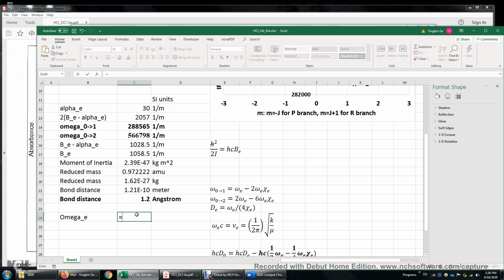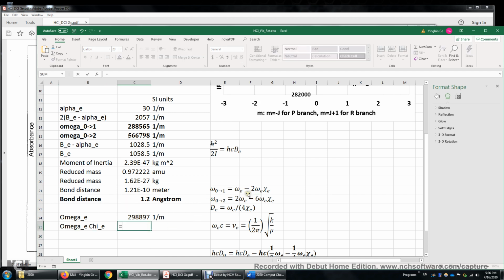So this is what I'm going to do here. 3 times this guy minus this guy. All right, and what's the unit? The unit is 1 over meter. Now, omega E chi. The product of these two is equal to, very simple.